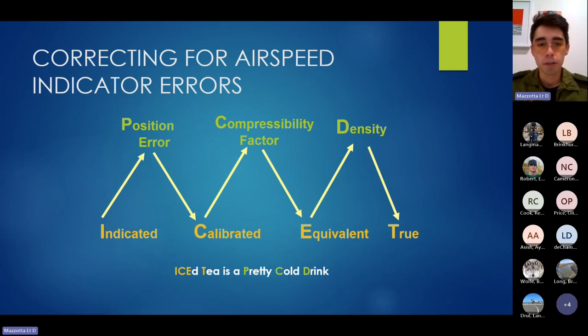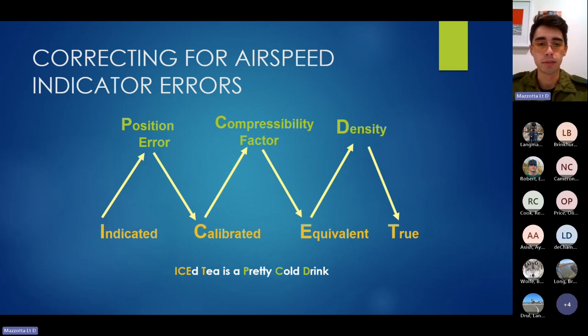So how to remember what's corrected for what? Well, there's a mnemonic that's called iced tea is a pretty cool drink. So to know how to get from indicated to calibrated airspeed, you need to correct for your position error. How to get from calibrated to equivalent, you need to correct for your compressibility factor.